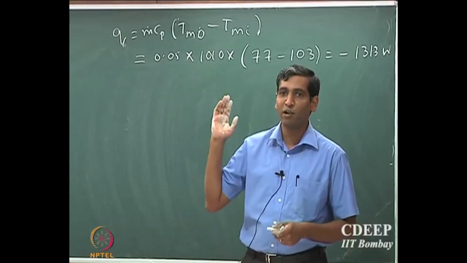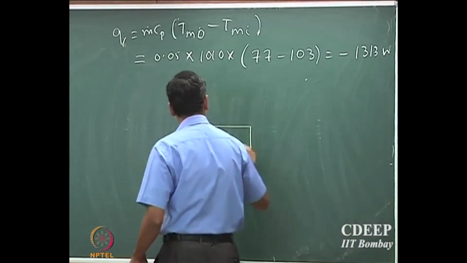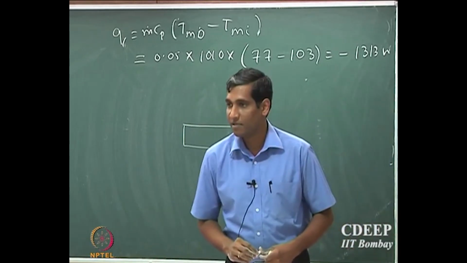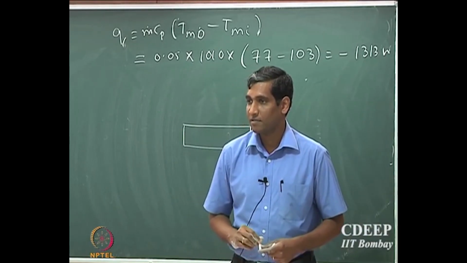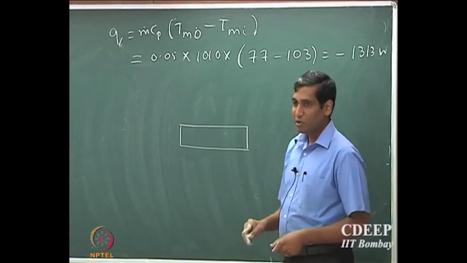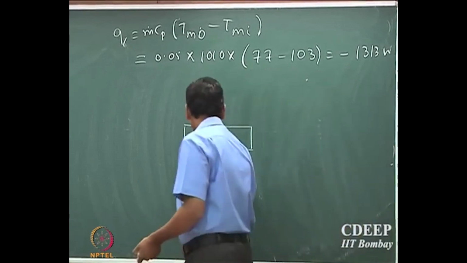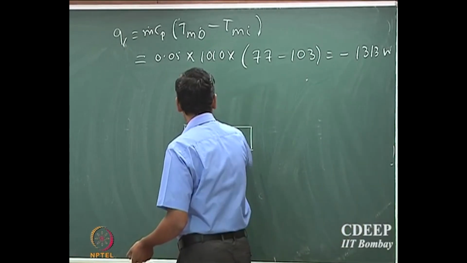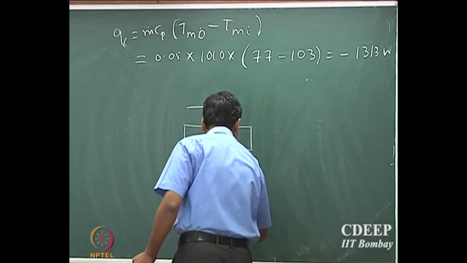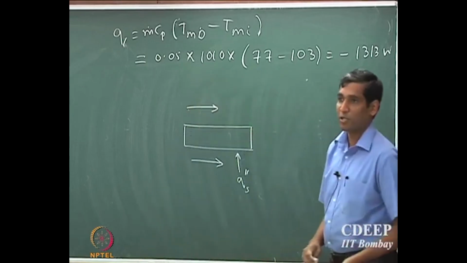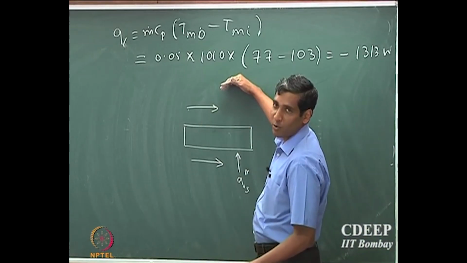Remember what you have learnt in your conduction topic. Suppose you have a slab, with one fluid flowing here and another fluid on this side. Whatever flux of heat transport there is, is what is transferred to the wall, and from the wall it is transferred to the fluid outside.